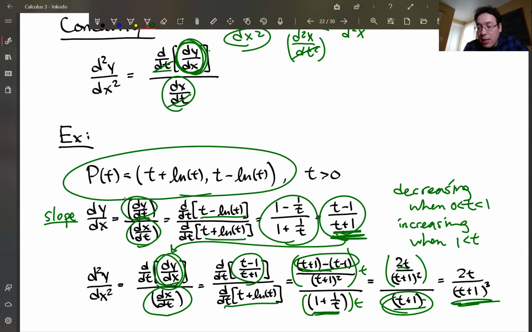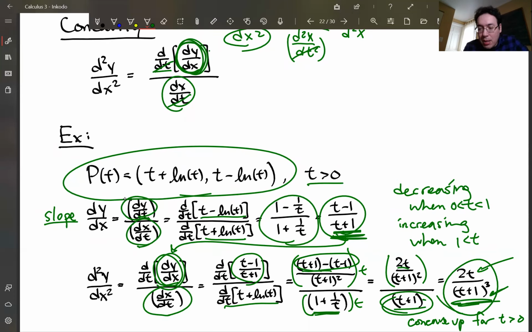Okay, and then here, as long as t is positive, the numerator is positive and the denominator is also positive. So it's concave up for any t greater than 0.